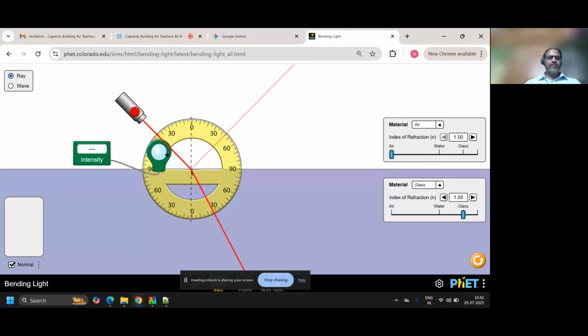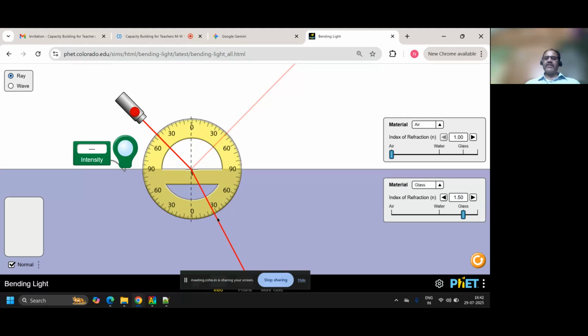Now again, if this is 100%, this is 90.81 and this is 9.19. So the amount of light being refracted and the amount of light being reflected are different for air and water. In the same way, the angle of refraction is also different because the medium is different.